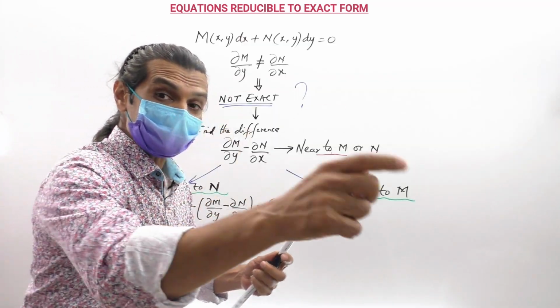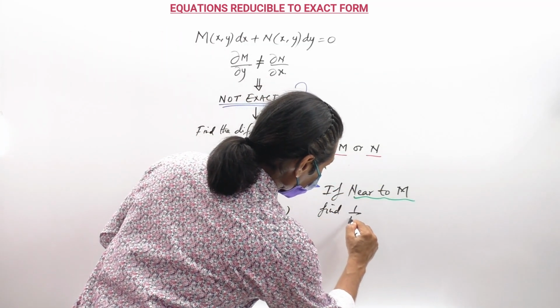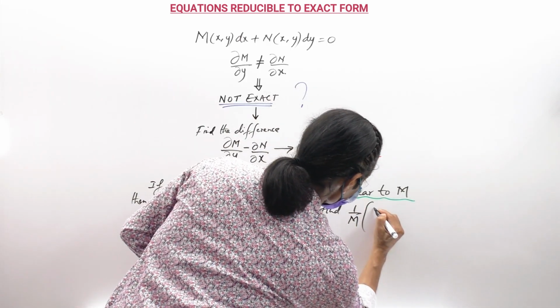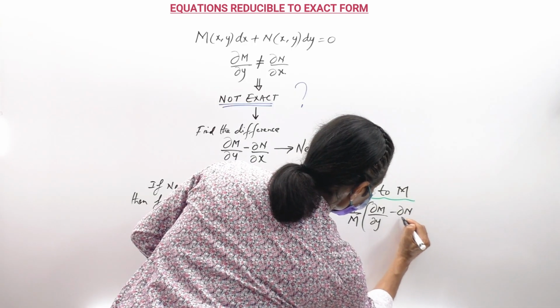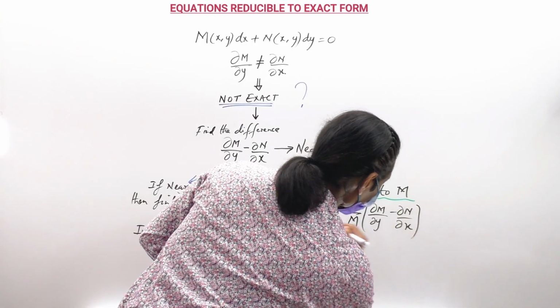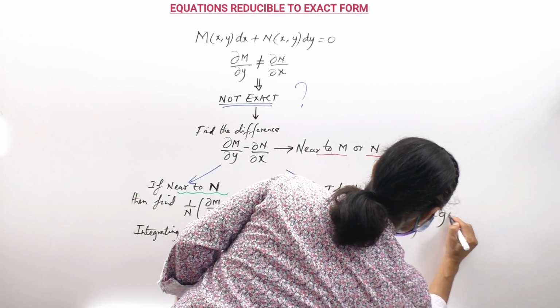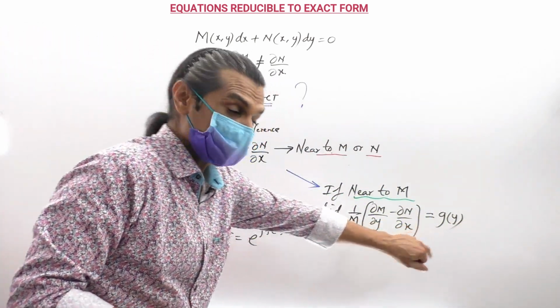Now, near to m means we find 1 divided by m into the difference, that is dou m by dou y minus dou n by dou x, and that is taken as g of y.